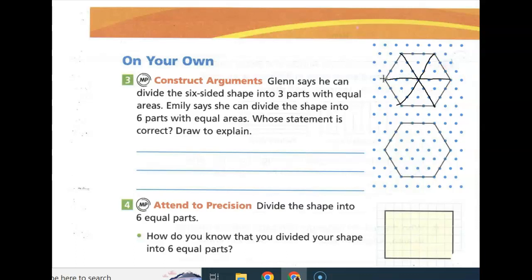Now, that's Emily. Can you figure out how to divide it into 3 equal parts? How?